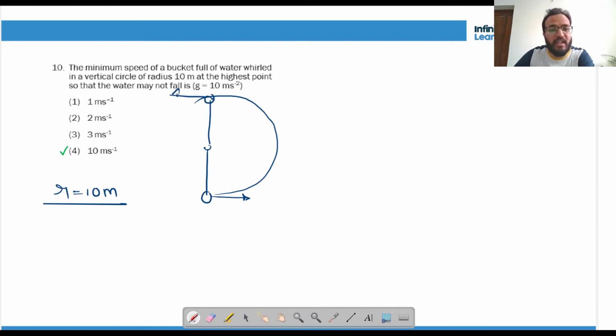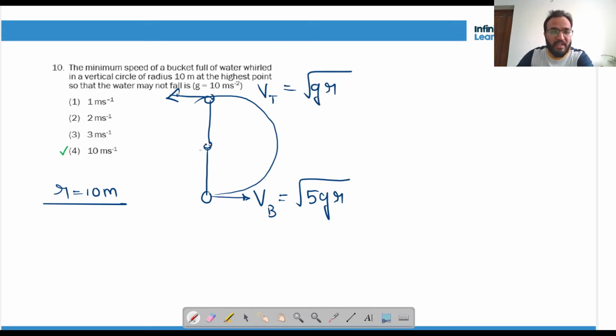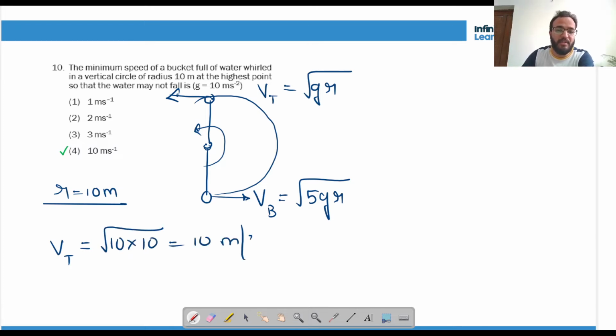So we all know that if the speed given at the bottommost point is root 5 gr, then at the topmost point speed becomes root gr and it completes the circle. This is the case for the minimum speed so that it can complete the circle. So Vt is very simple, root of 10 into 10 is 10 meters per second. So very simple, got the answer.